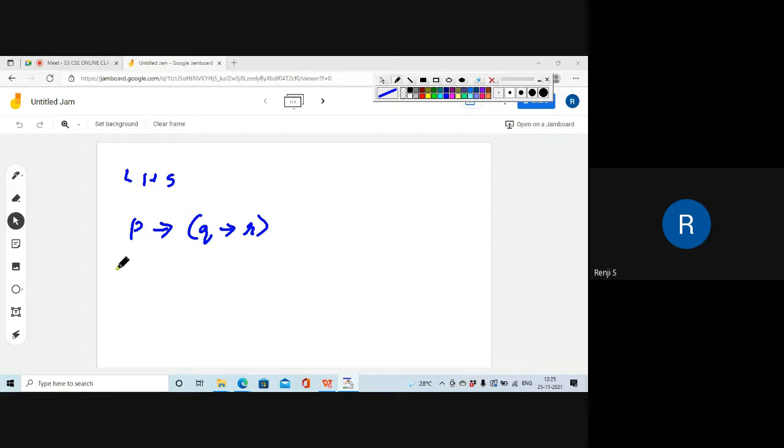Okay, now in the first step, what is the first step? How will you change this implication? Nobody knows? What is the formula to change the implication? You can type in the chat box.